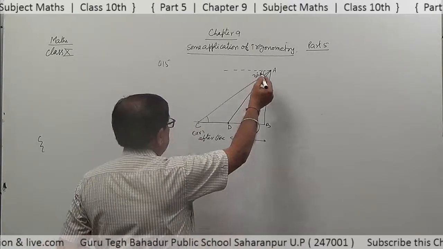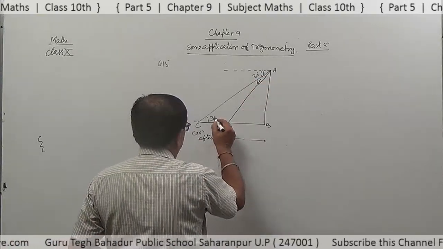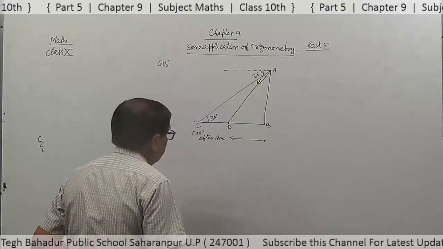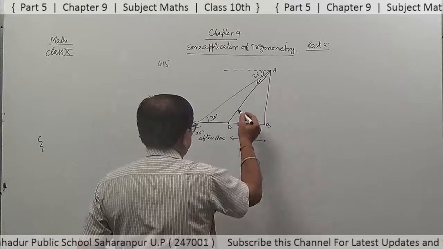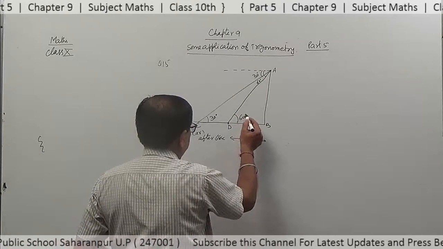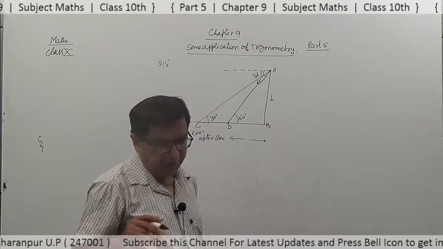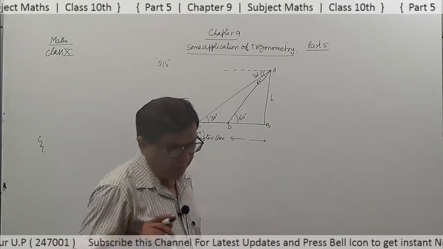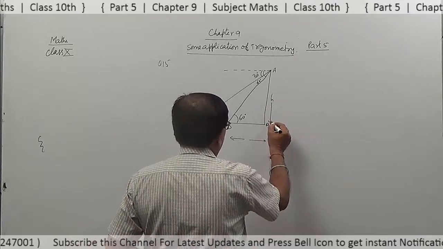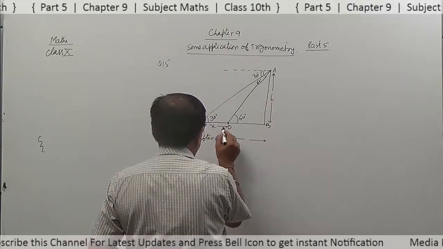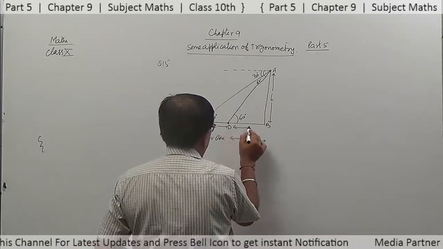So this is 30, it will be 30 because alternate interior angles are equal. This is 60, this will be 60. Let this height be h, this distance is x, this is y.